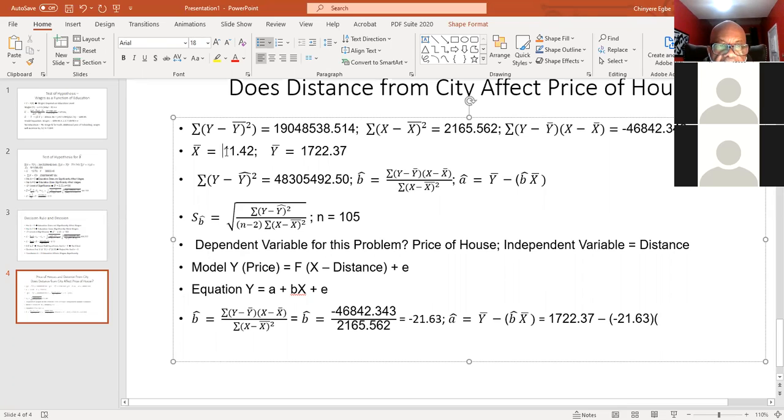X bar is 11.62. All right, and so does somebody have an answer for me?